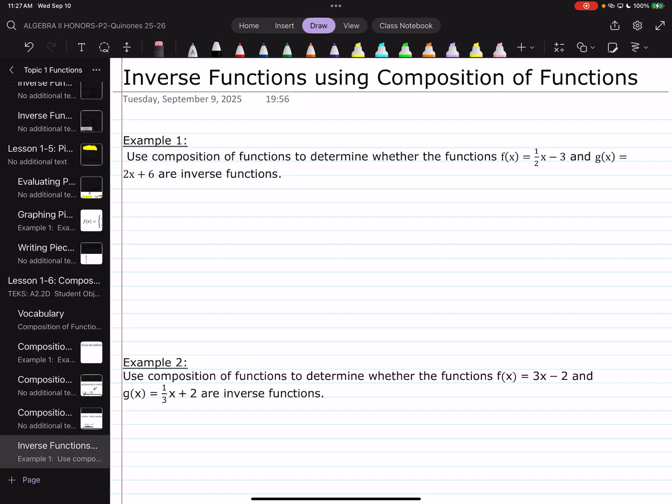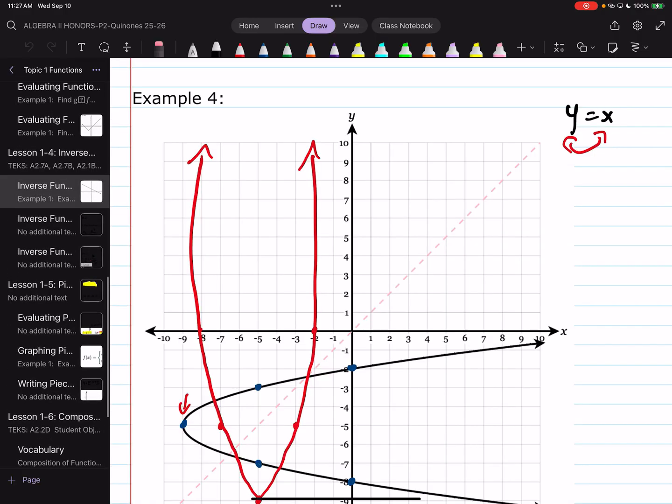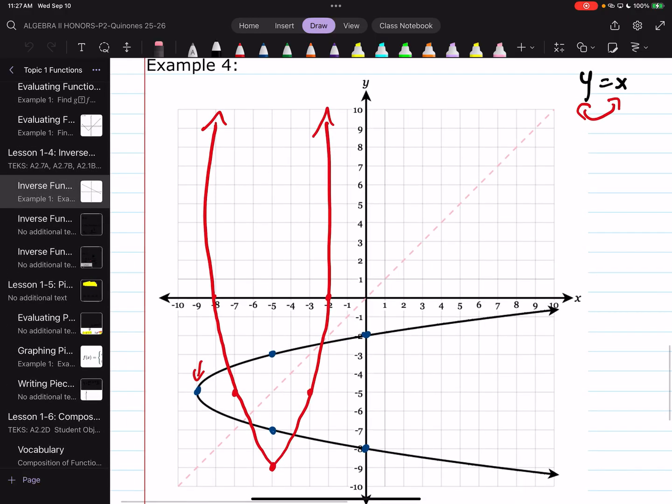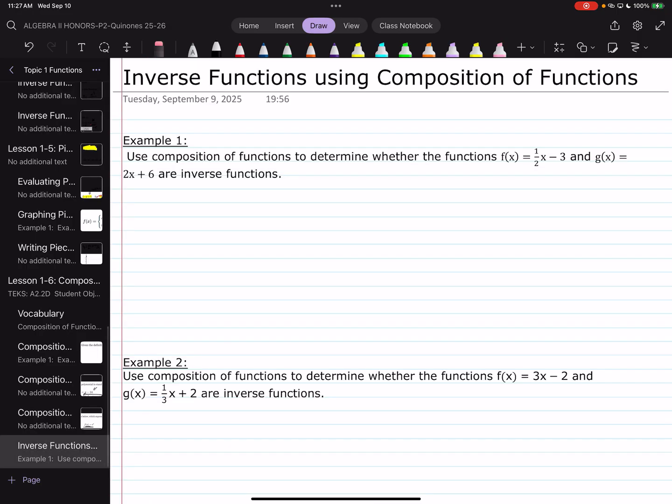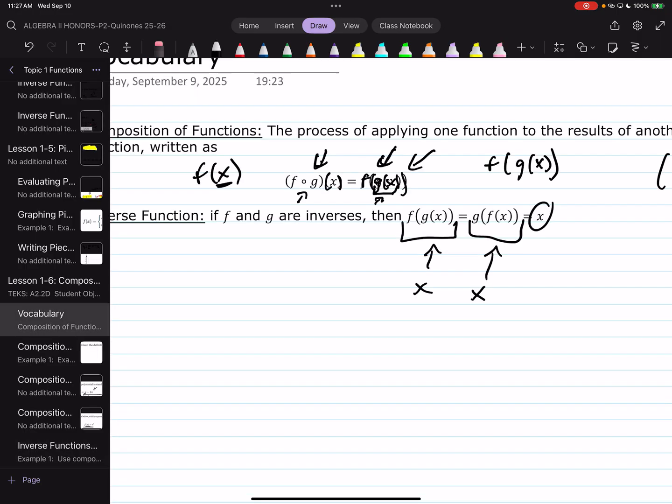Let's go back to inverse functions for a moment, right? We said that an inverse function has to be reflected over y is equal to x for this to work. Well, using what we just know, and going back to the vocab, if they are inverses of each other algebraically, the composition of f of g of x must equal the composition of g of f of x, and all of that should equal x.